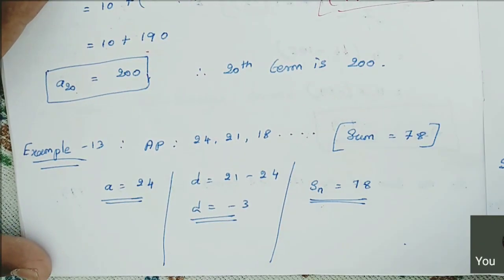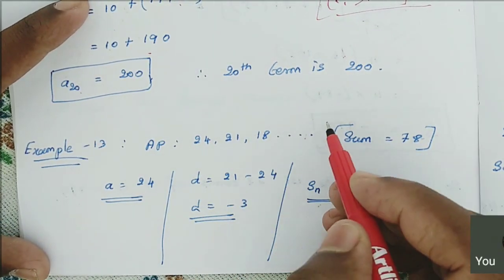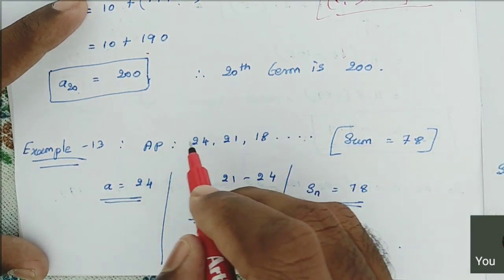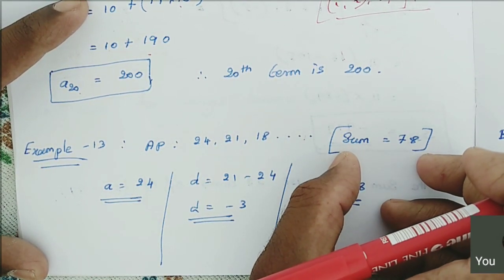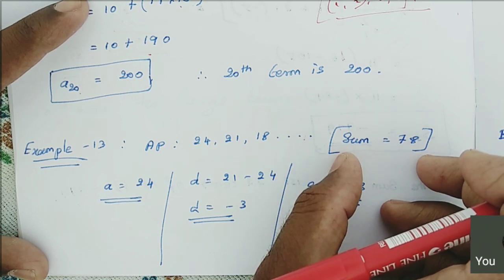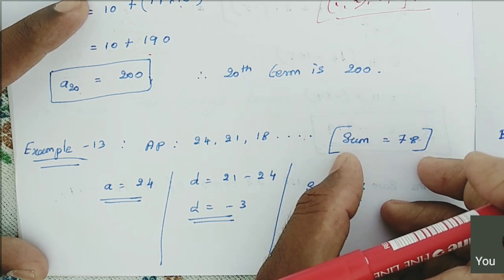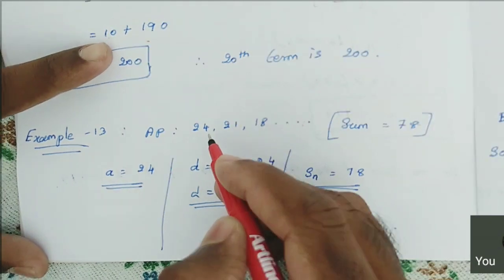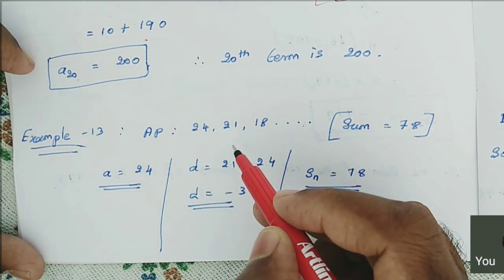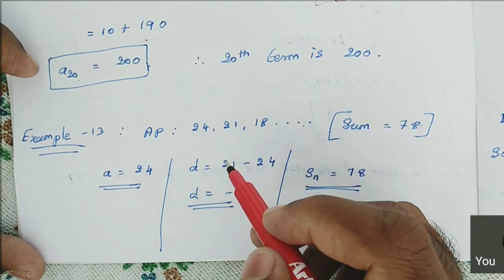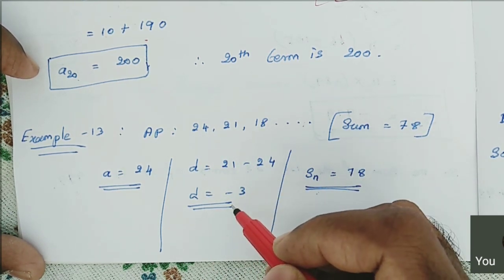The same logic applies here. They have given an AP, so we want to take a particular number of terms, and when we add up to that particular term, we will get the sum as 78. From this AP, we are able to find a. We get a equal to 24. Then d is equal to a2 minus a1, 21 minus 24, that is minus 3.